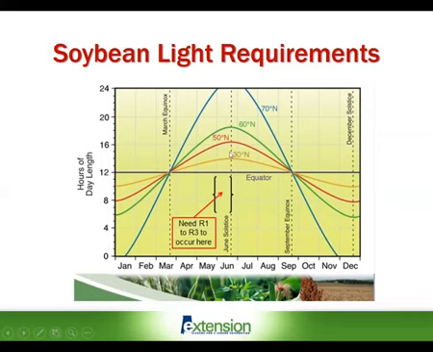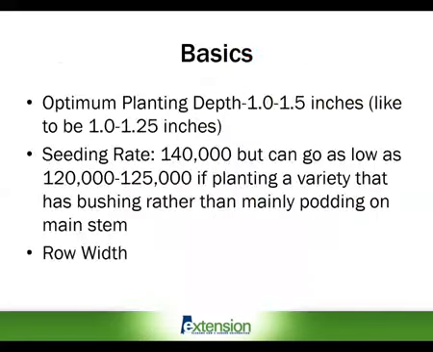I would also note that the farther north you go, the longer your days are. So the Midwest has longer days than we do just because of the tilt of the earth. And this gives them advantages as far as sunlight and photosynthesis capability compared to us in the Southeast.